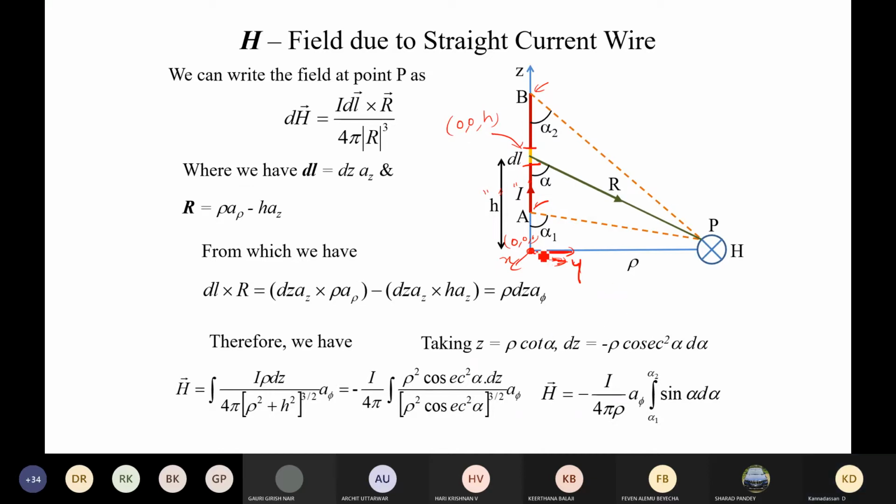We are going to place the point P along the y-axis with respect to the origin, where we have to calculate the magnetic field. That is our first objective. With respect to that, the magnetic field will just go around this line vector.